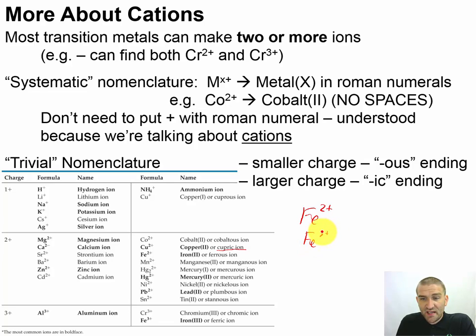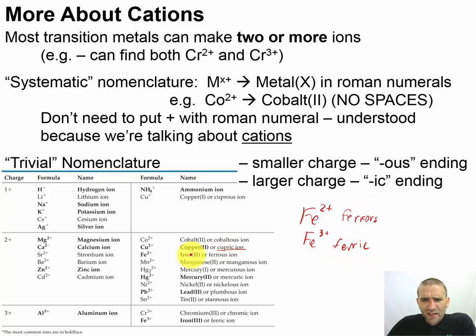Iron 2+ and iron 3+. Iron 2+ is the small one. This would be ferrous, and this will be ferric. There we are. It gets the IC ending.